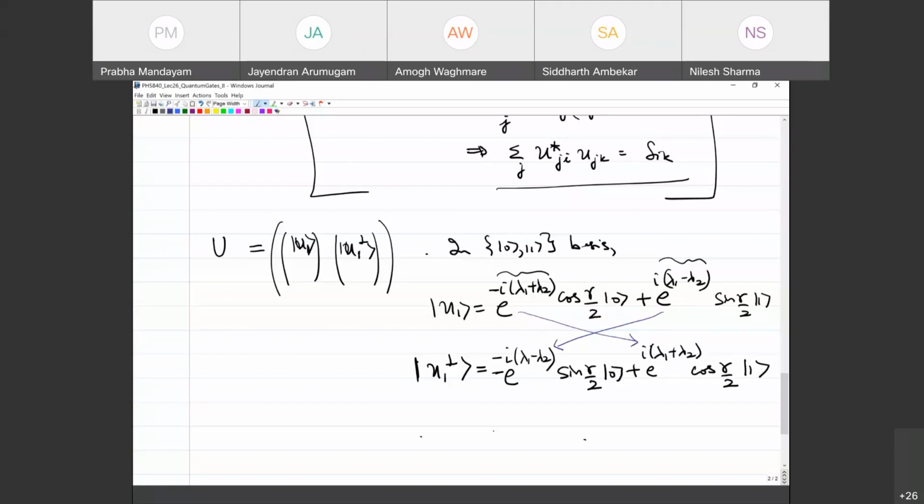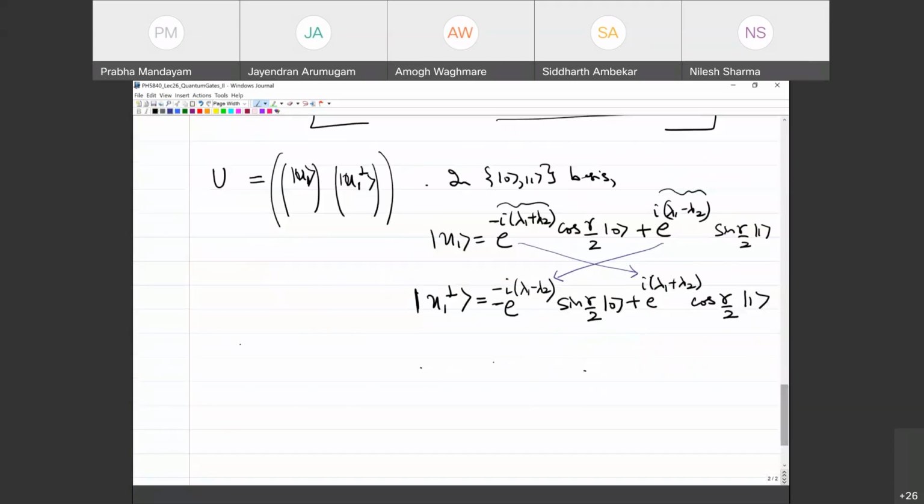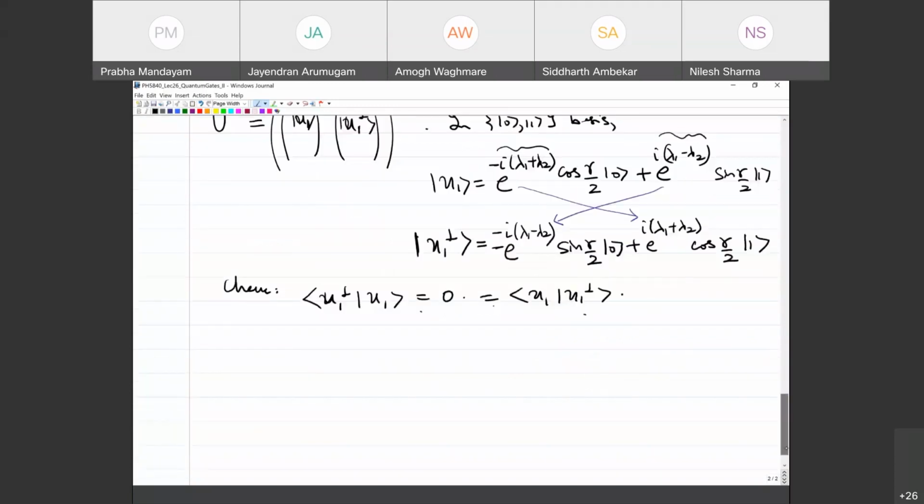Is this clear? You should check that the inner product of u1 with its perpendicular is indeed 0. And of course, make sure that the inner product of each vector with itself is 1, normalized.